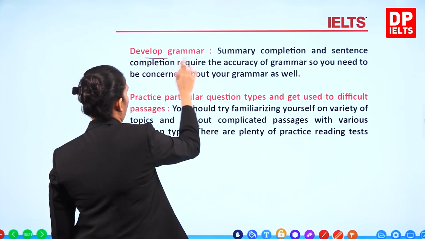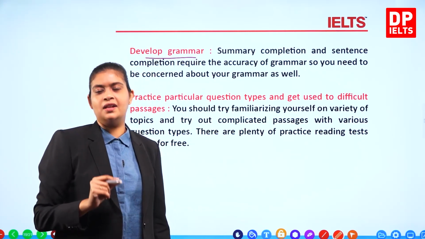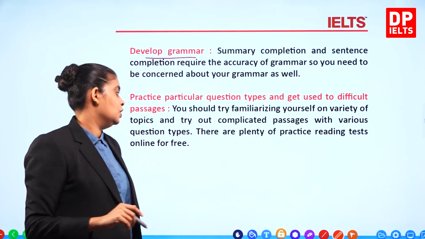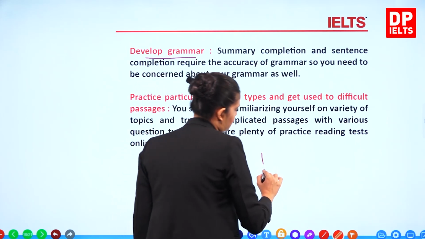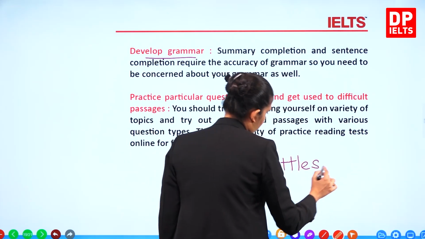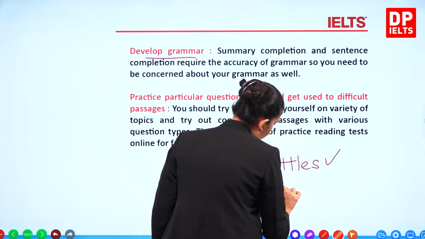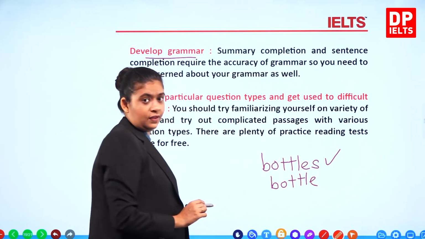Develop grammar. Remember, if your answer is grammatically incorrect, the answer is wrong again, okay? So, for example, you should be writing bottles, right? This is the right answer, but you write bottle. You miss it, it's just an S, isn't it?